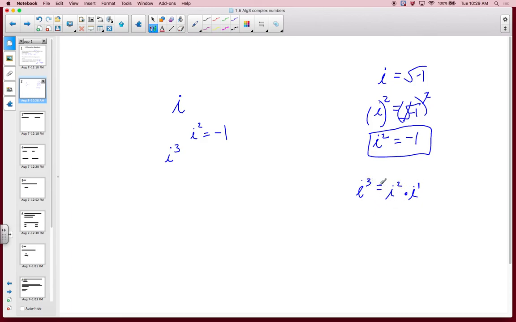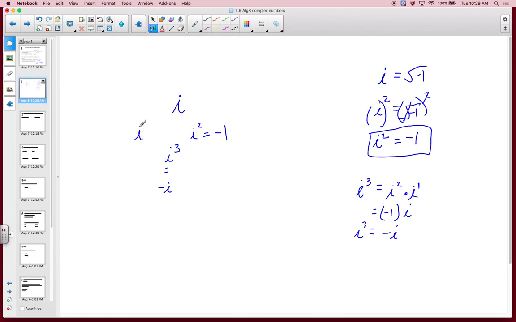We just found out that i squared is -1. So therefore, i squared is -1 times i. Well, that means that i cubed is really equal to -i.